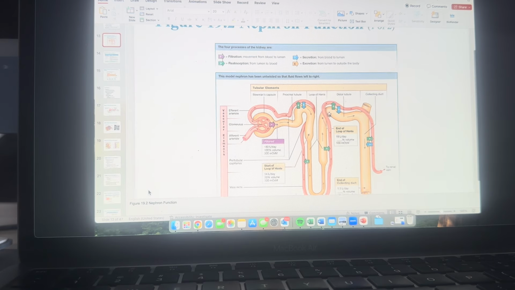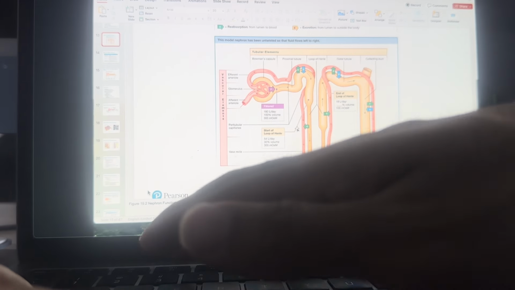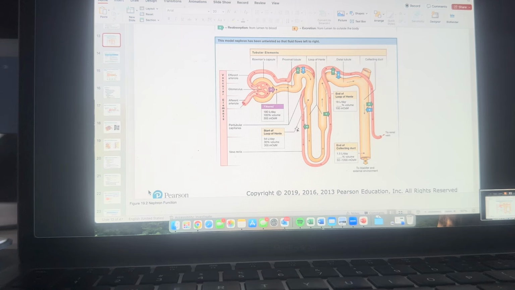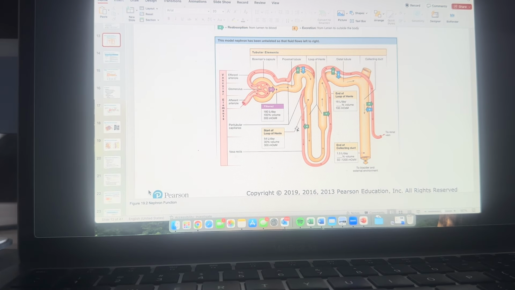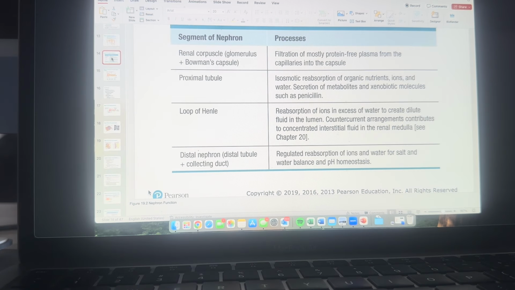You could have questions like, where is most of the filtration happening? You'd have to say Bowman's capsule. Or which process, like reabsorption, where does reabsorption mostly happen? And you would say the loop of Henle or the end of the loop of Henle. So stuff like that.